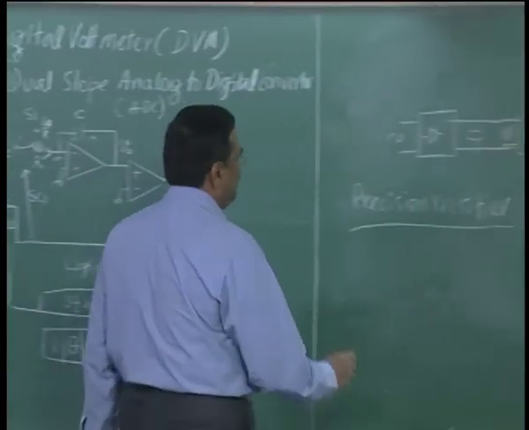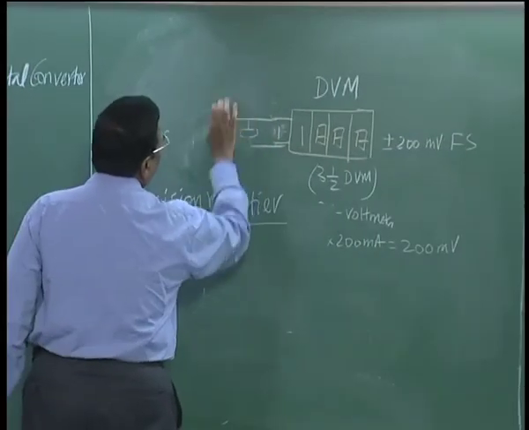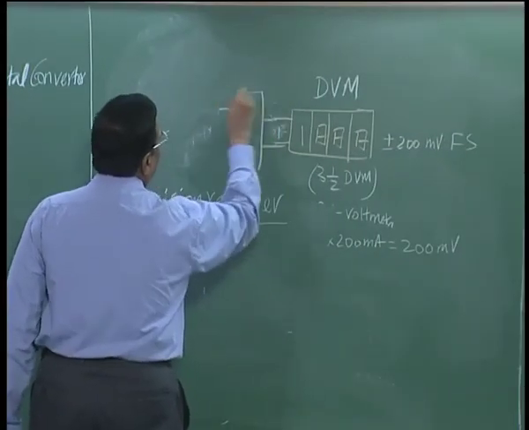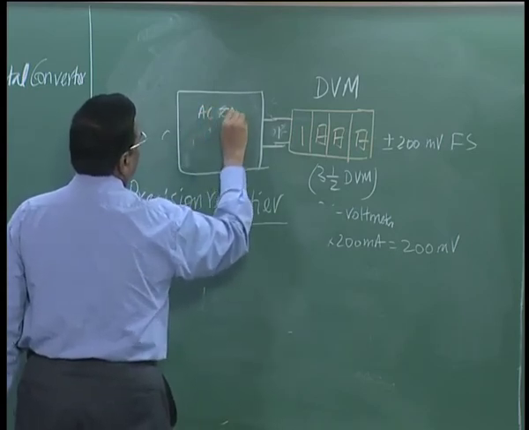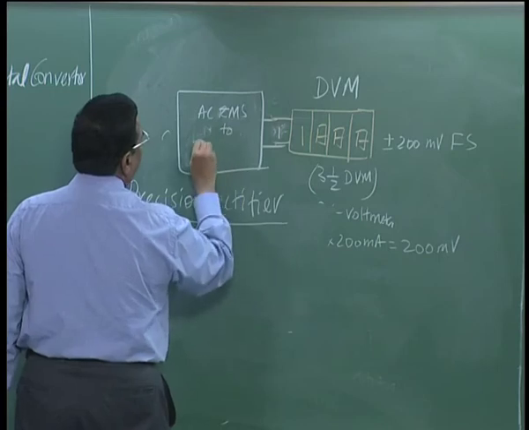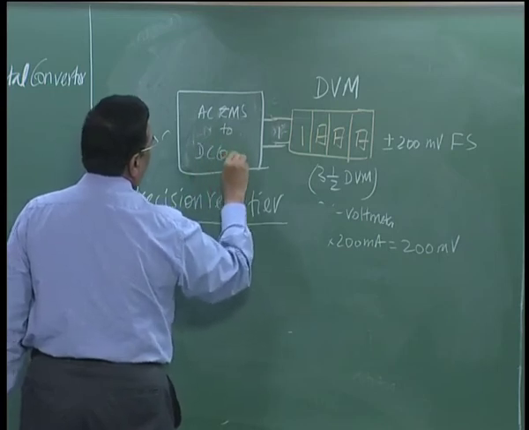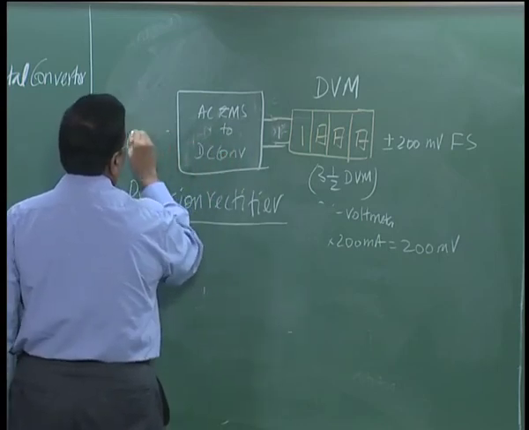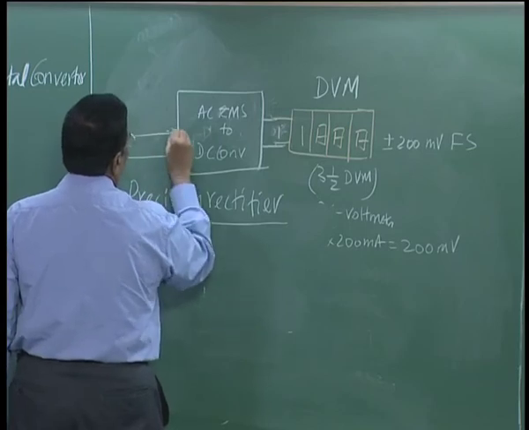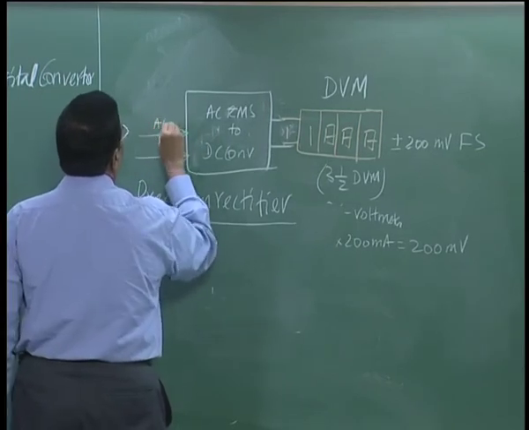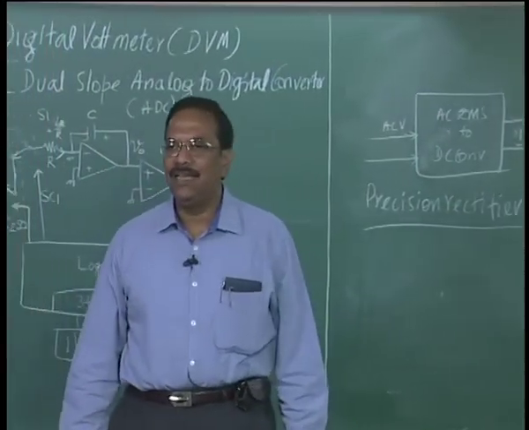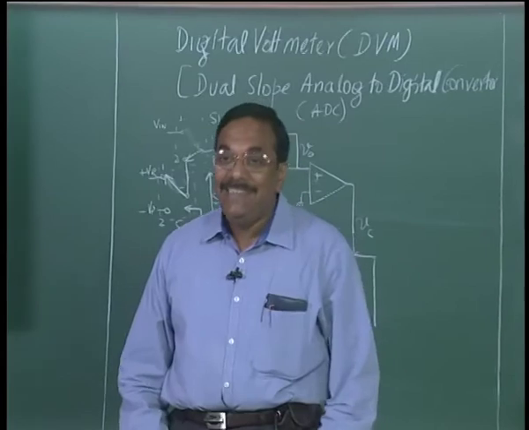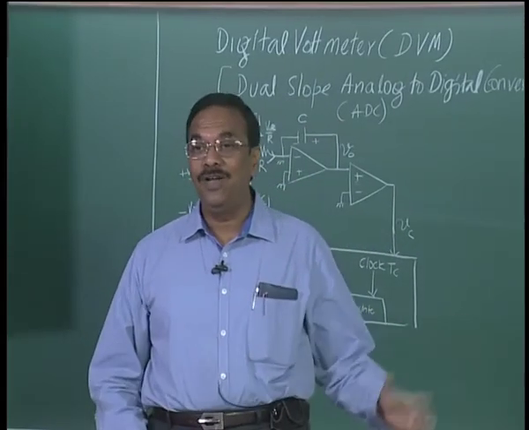Later manufacturers, what they did was they used a circuit called an AC RMS to DC converter, right. So we have AC voltage input, we convert the AC voltage into DC, but the DC is made proportional to RMS.